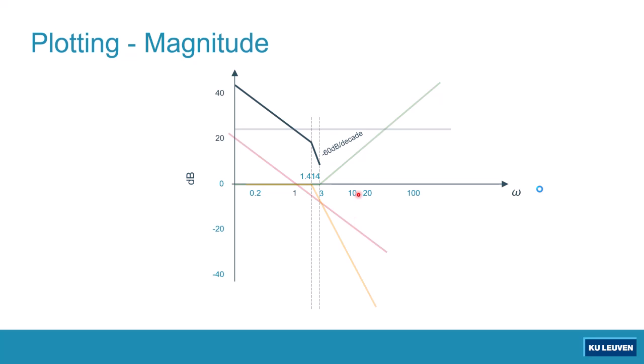So these 2 from G2 and G3, they will cancel each other. Therefore, at the end, beyond the second corner frequency, beyond 3 radian per second, I will have negative 40 dB per decade slope line. So this, the black line here, illustrates the straight line approximation of the magnitude of our complex system.